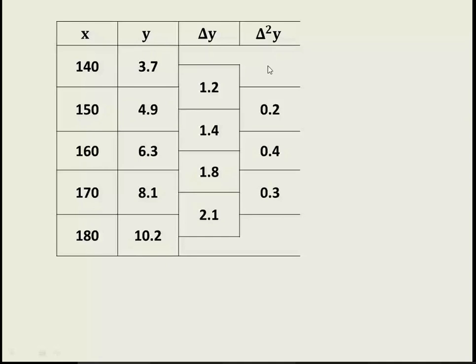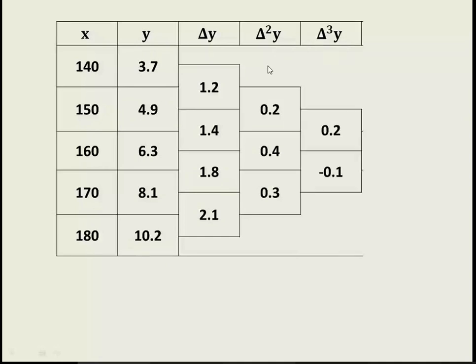So the values of delta cube will be 0.4 minus 0.2, that will be 0.2, 0.3 minus 0.4, that will be minus 0.1. Continue until we get a single value. So take the difference between these two, and that gives us the fourth difference, delta raised to 4 y, equal to minus 0.3.